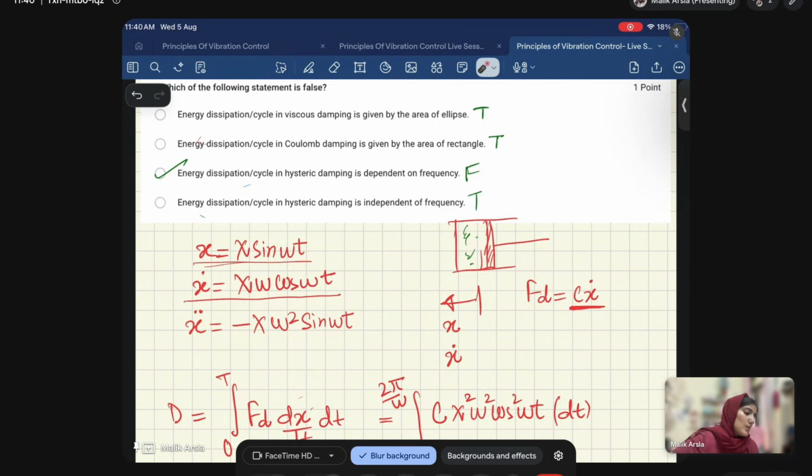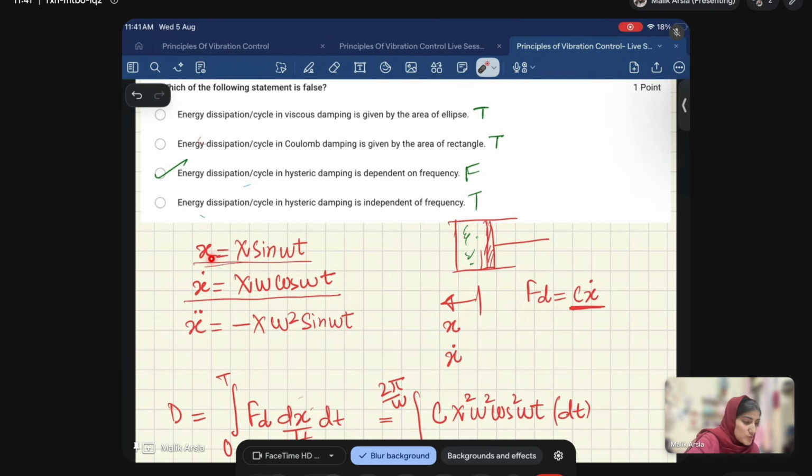When we try to move this piston with a velocity x dot, the force which opposes its motion is known as the damping force, which is given by Fd equal to C x dot. So basically that damping force is proportional to the velocity of this piston.